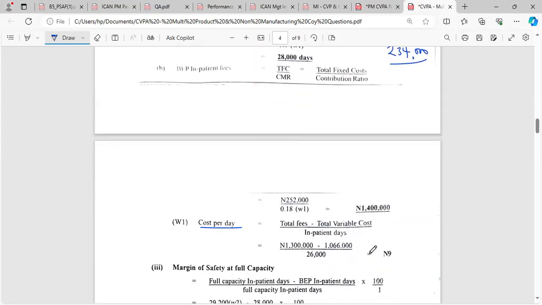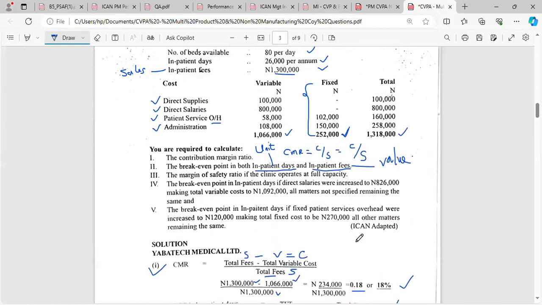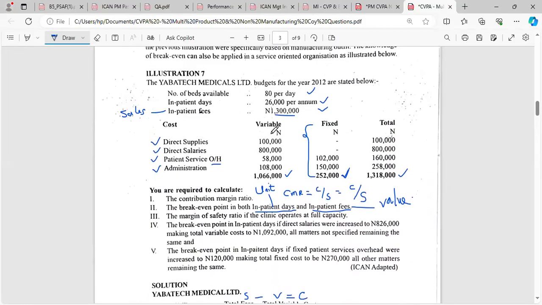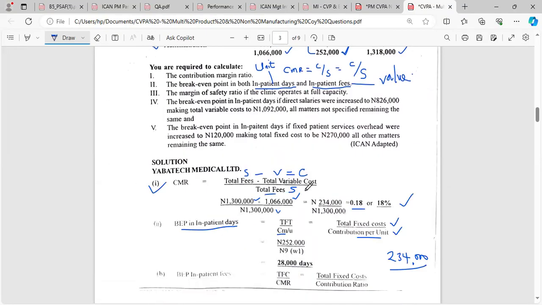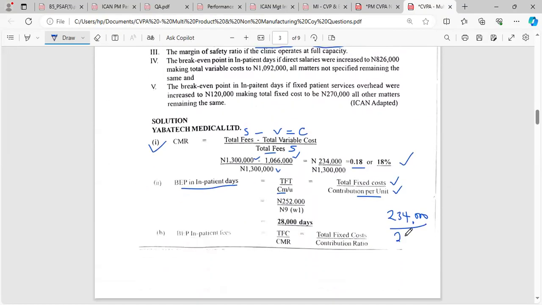I hope you are following. Then we will now divide it by the inpatient days in the question. Inpatient days, 26,000. That's what we now divide by. That is how we got this 9 naira you are seeing here.